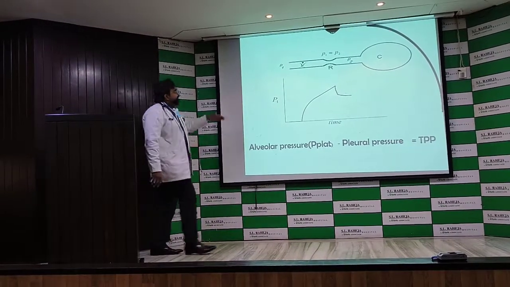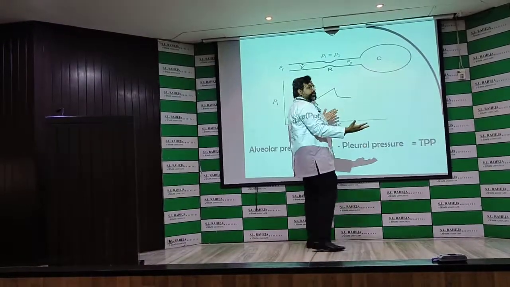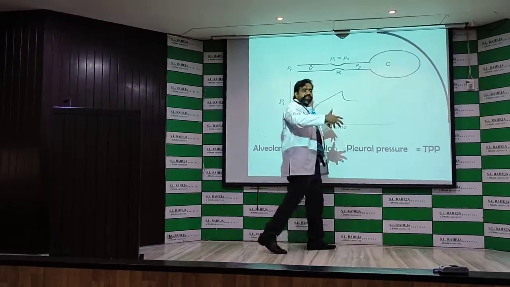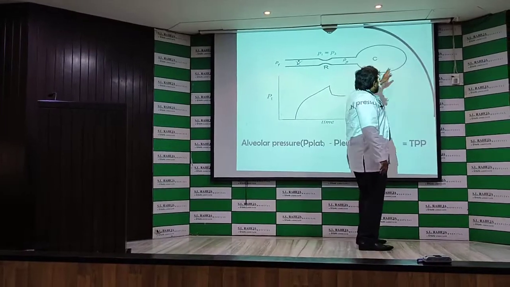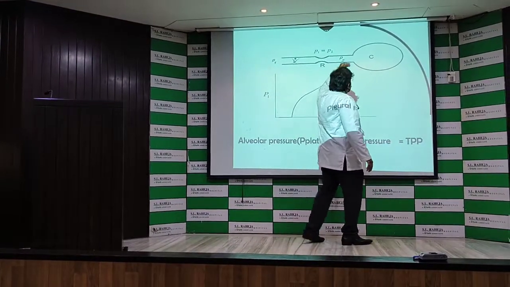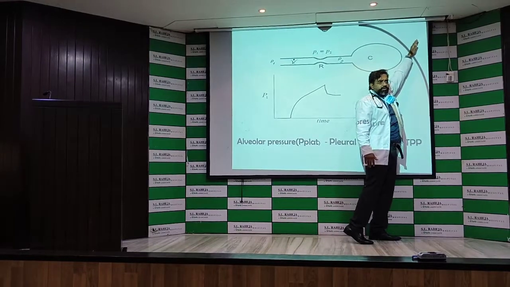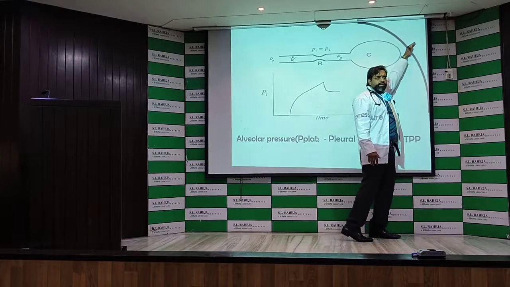So can I say that my plateau pressure is the real distending pressure? No, it is not. It is this plus this, isn't it? You have to subtract this out, because it is not only opening up the alveoli, it is also pushing up the chest wall.